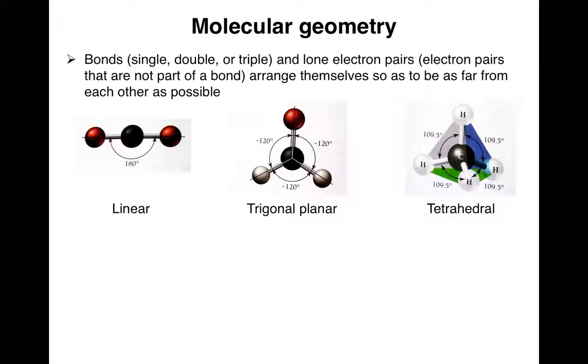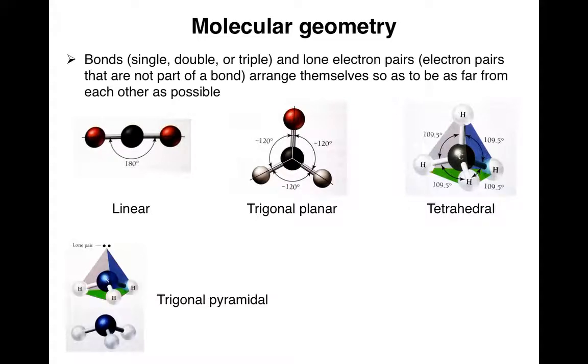If the central atom has lone electron pairs, these pairs need to be accounted for when deducing the molecular geometry. Lone electron pairs need to be positioned as far as possible from bonds and from each other. For example, if a central atom in a molecule has 3 bonds and in addition 1 lone electron pair, then the bonds and the lone electron pair must point towards the apices of a triangular pyramid to get away from each other as far as possible.